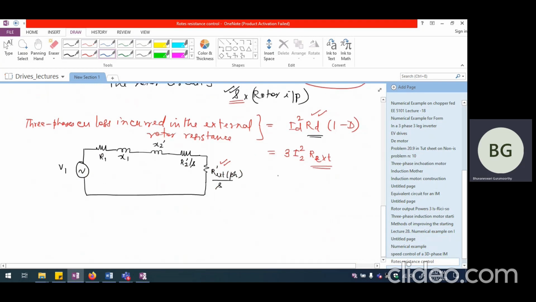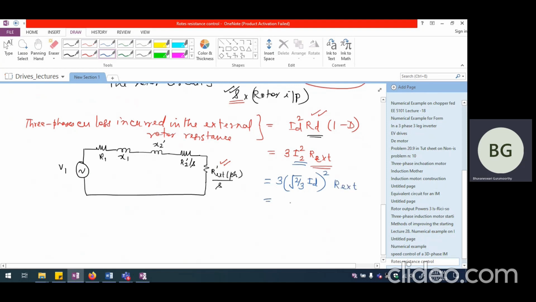So I should be able to write here, if this is the per phase current, I should be able to write this as 3 multiplied by root of 2 by 3 multiplied by ID, the whole square multiplied by R external.